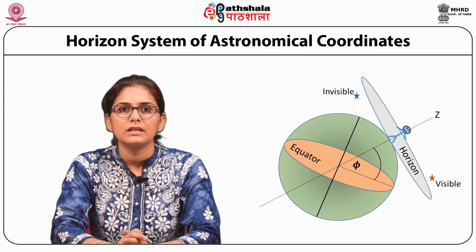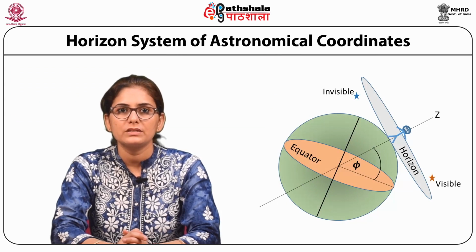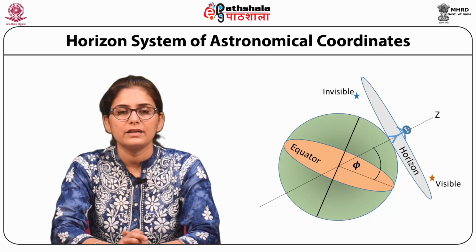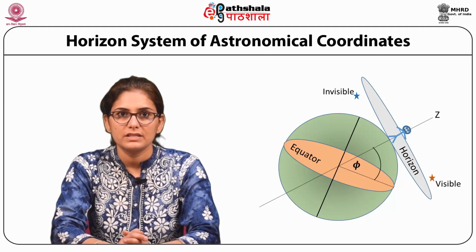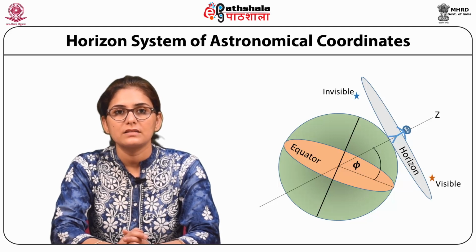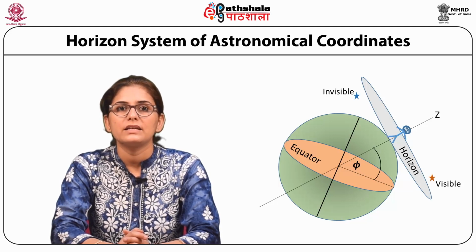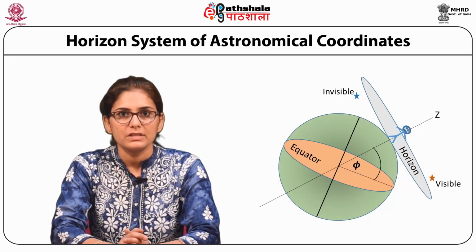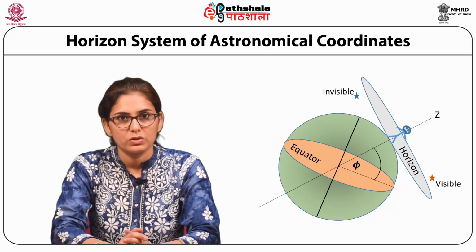We have seen that there are two essential quantities in a coordinate system, and these two quantities are the fundamental great circle and a reference point. This case we have studied in the terrestrial coordinate system, where the fundamental great circle is the equator, and the reference point is the intersection of Greenwich and the equator. The same thing happens in the astronomical coordinate system also.